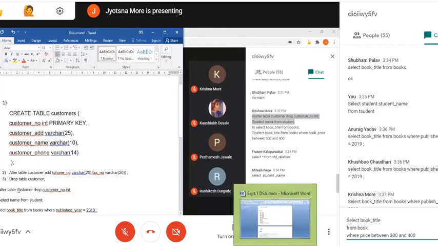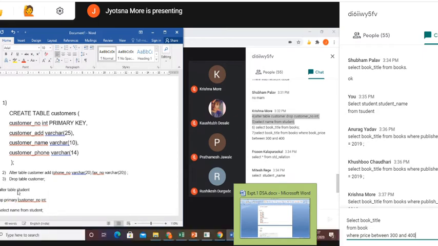Alter table student, then you have drop. Instead of attribute, just write primary key. I don't know right now which is my primary key, so I'm specifying that.